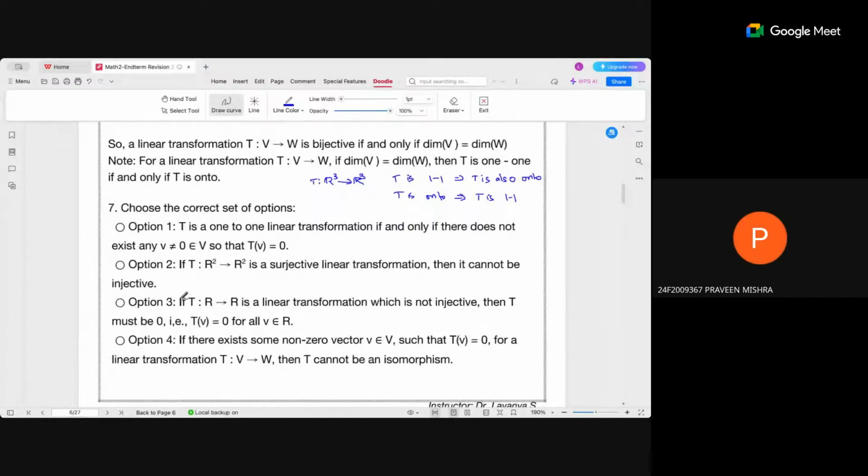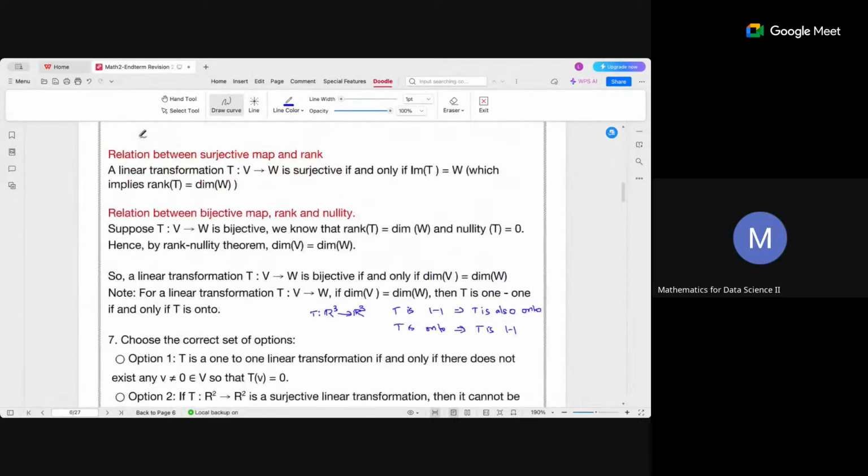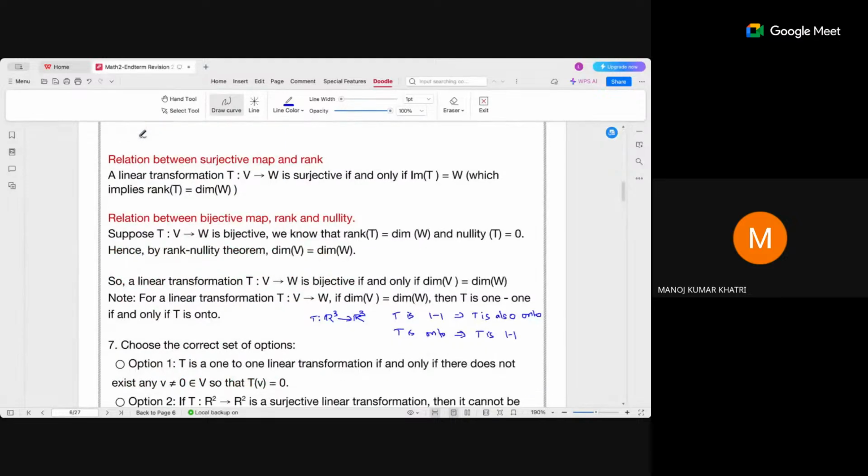Ma'am, what is an identity transformation? Ma'am, can you repeat the statement again? Okay, for a linear transformation T from V to W, you also know that the dimensions of the domain and codomain are same, dimension of V and W are same.